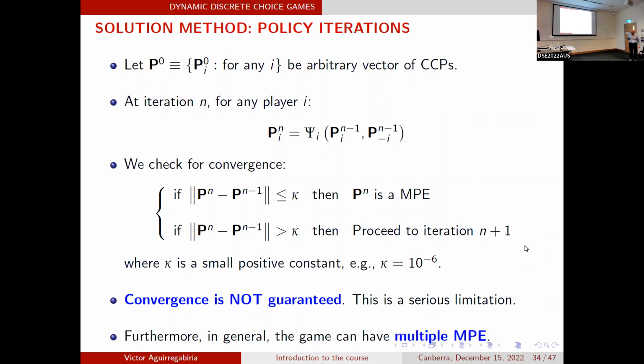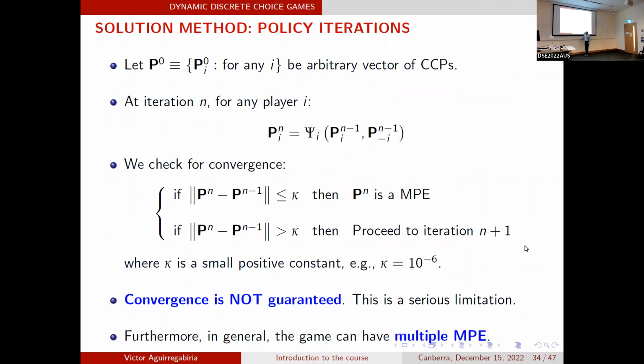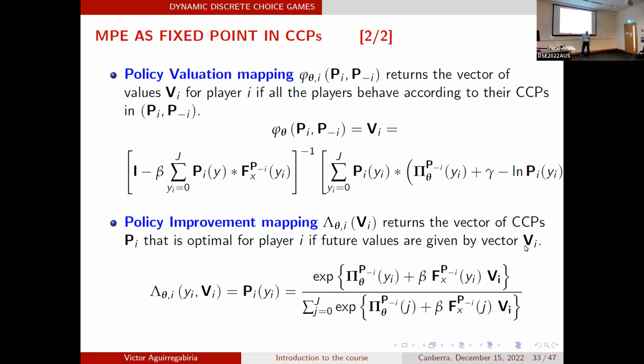Basically, it will be going through this valuation operator, constructing this transition matrix F for the choice probabilities, these expected payoffs, inverting this matrix, making this multiplication, plugging it in here, and then obtaining these best responses.